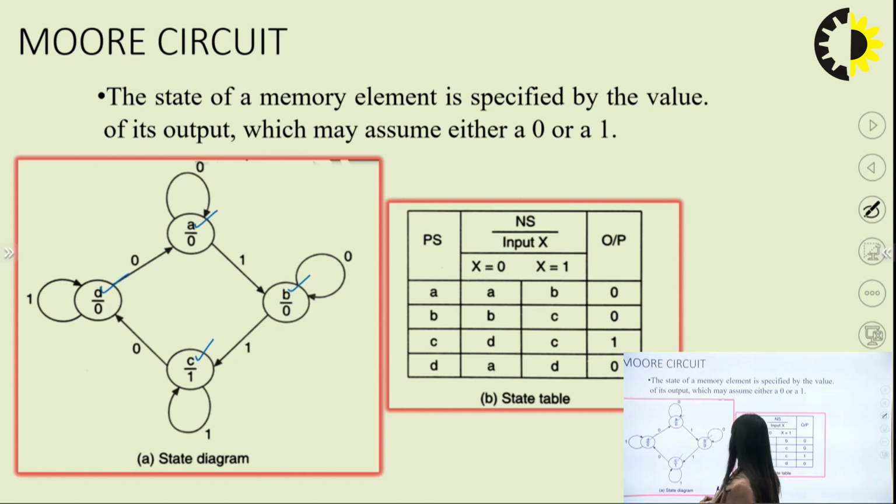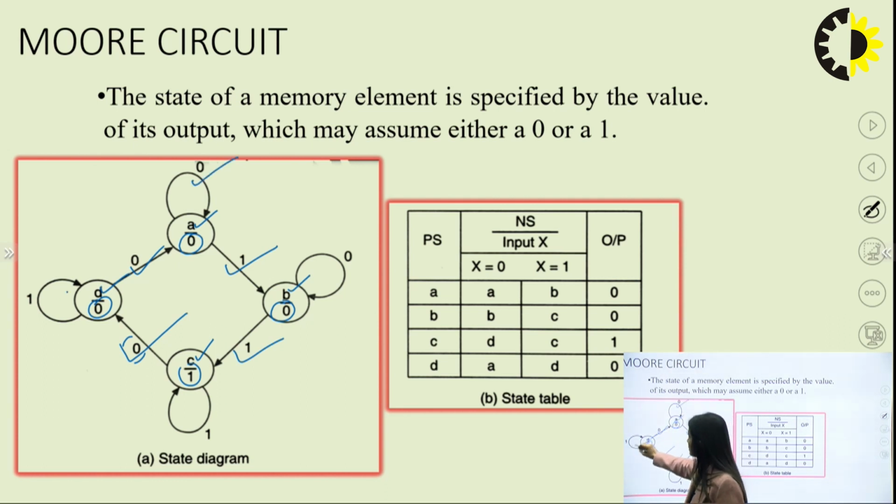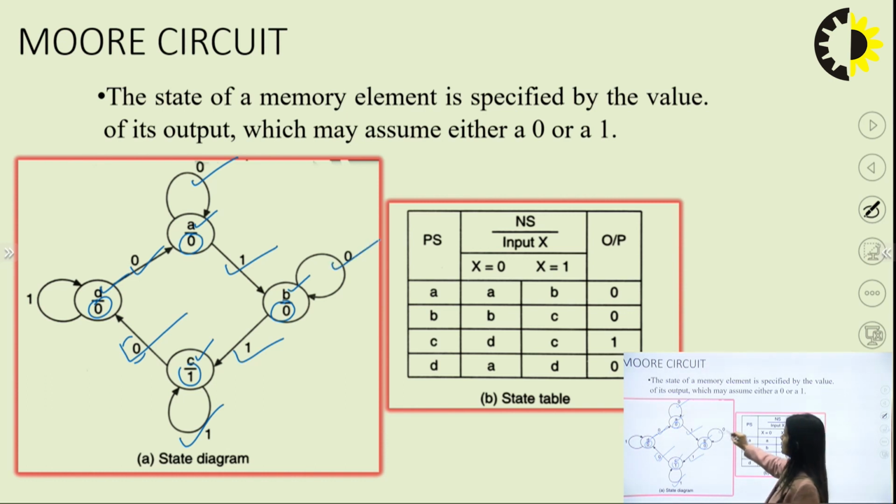Now, the output is written here. Oh, sorry. Input is written on the lines. So, here the inputs are written.